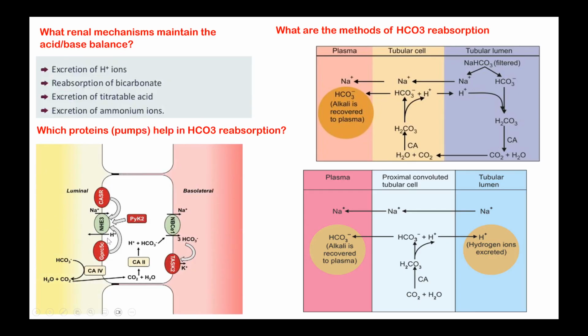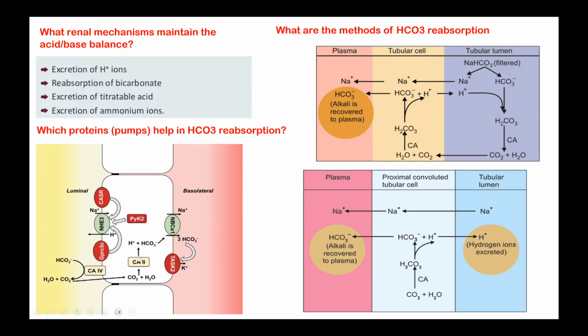That is a protein. And here both the sodium and bicarb are taken into the bloodstream at the basolateral membrane. So this is called the sodium bicarb co-transporter 1. So these are the two pumps that are there. And this is the polyvinyl tyrosine kinase 2 enzyme.